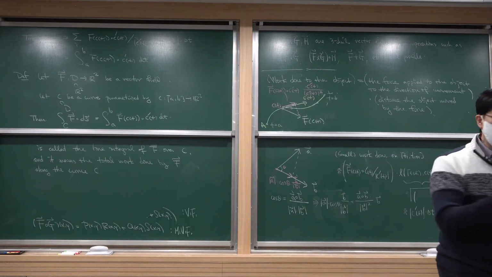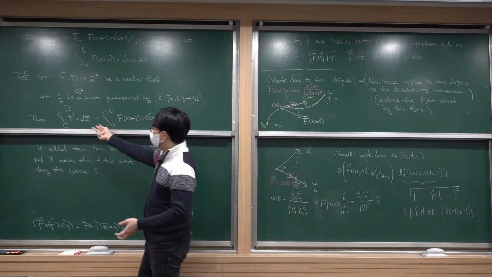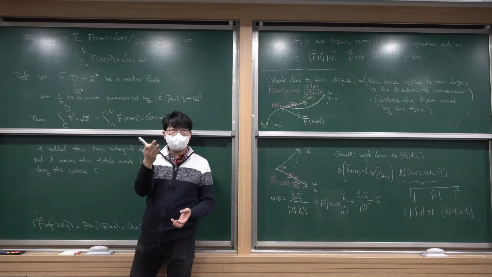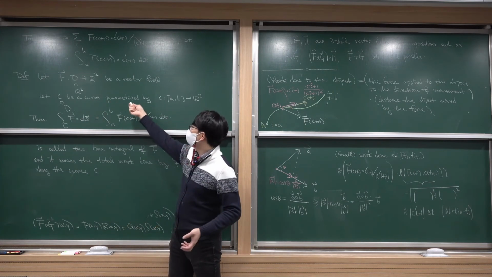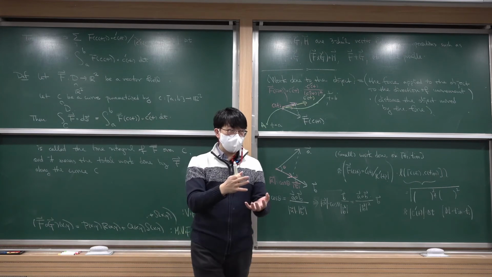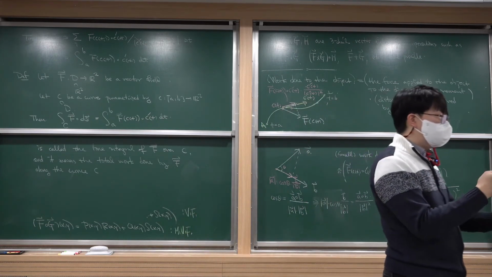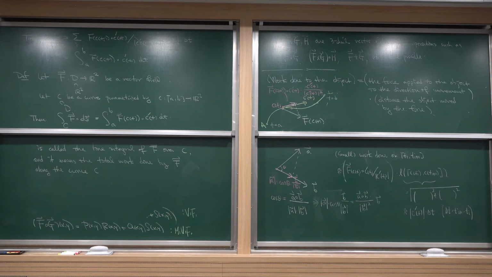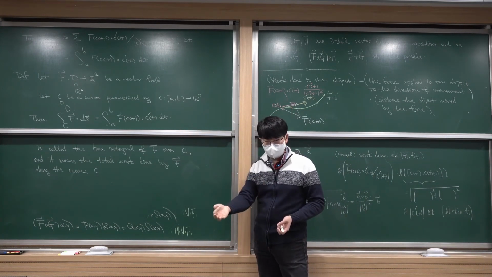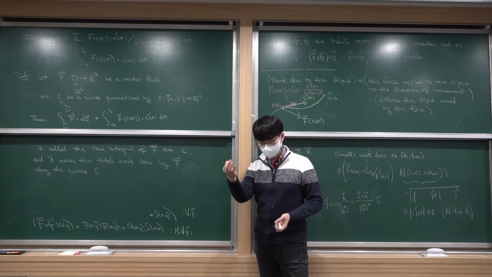But it is important to say that in order to find the line integral of the vector field, you should not just specify the set of the curve, but you have to provide the parametrization of the curve. When we talked about the line integral of a function, we said the direction of this parametrization doesn't matter. But for a vector field, the direction of parametrization matters to the integration.